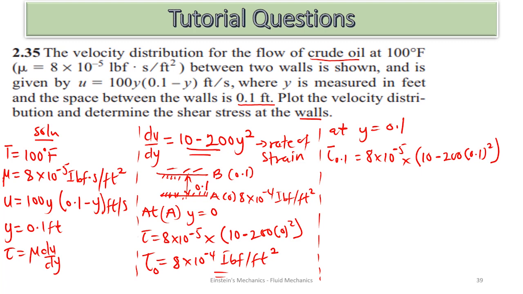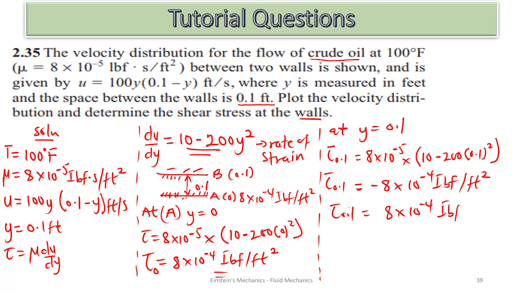And when you punch that, this is going to give you the shear at 0.1 to be a negative value, a negative 8 times 10 to the power negative 4 lbf per feet square. So since it's shear stress, we can say shear at 0.1 is also 8 times 10 to the power negative 4 lbf per feet square.